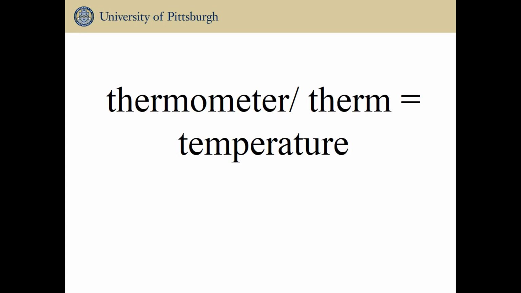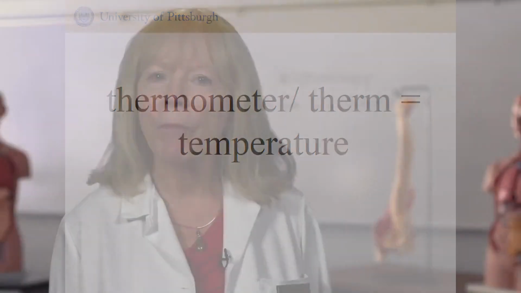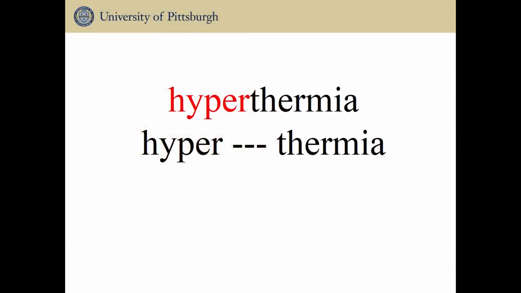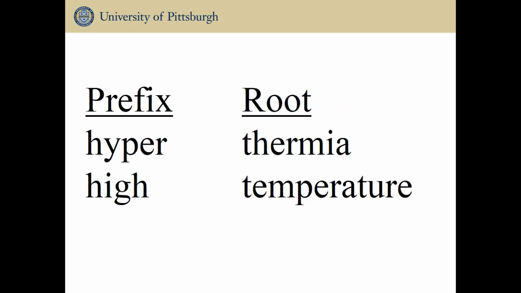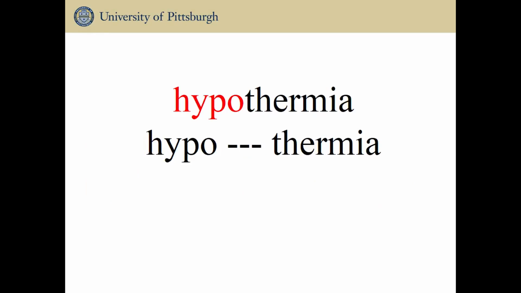So therm has to do with temperature. Then you may recognize the term hyper from common English language usage of words such as hyperactive or hypercritical. Hyper means more or extreme. So hyperthermia refers to high or extreme body temperature.